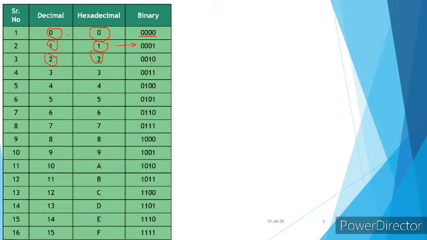Now I have already discussed that up to this point, these numbers are the same for decimal and hexadecimal, and the base in the bracket corresponds to that number system. So if I say 2 here and 10, then this becomes a decimal number system.